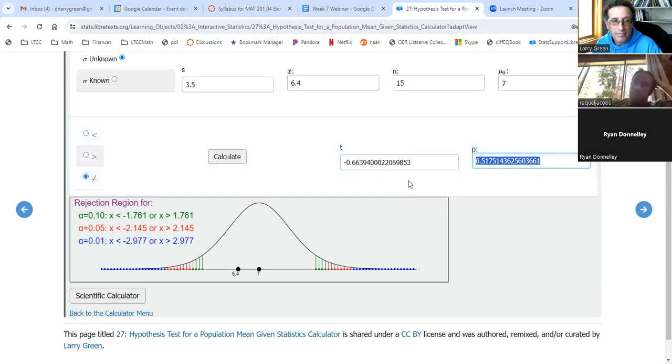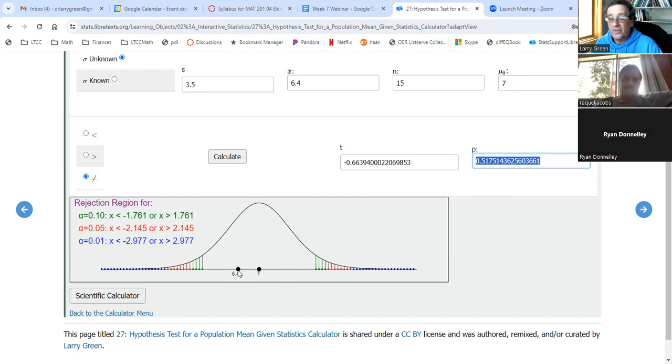And notice on the picture, it's pretty close to 7 in terms of the graph. It's not very unlikely at all that if the mean is 7, we'd get a 6.4 for x bar. It's like flipping a coin. It could happen; you wouldn't say, well, that's weird, right? Because there's like a 52% chance that you're going to have something within that, left and right.